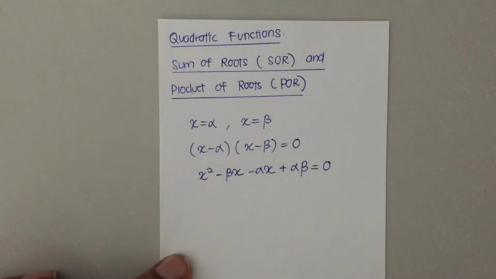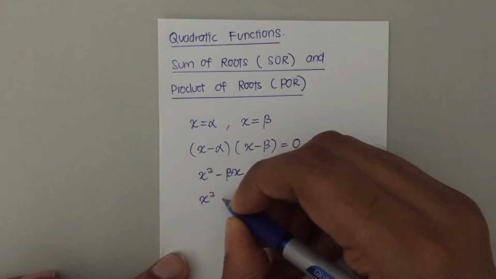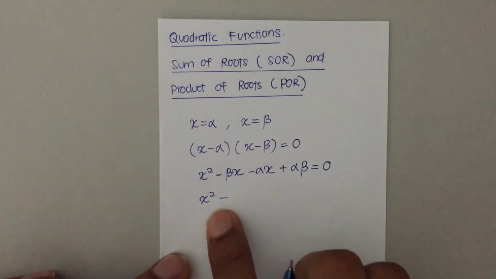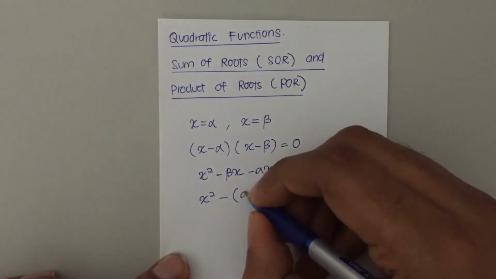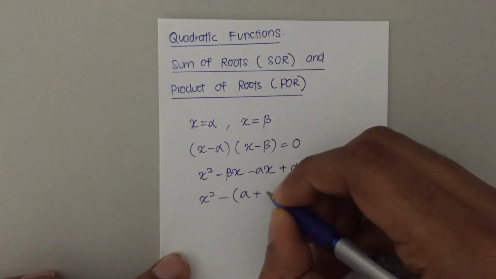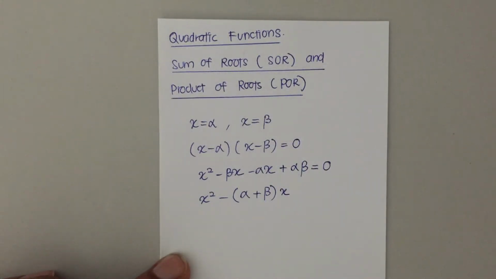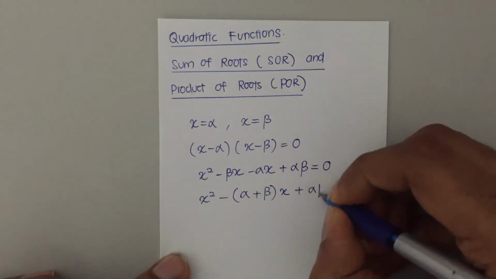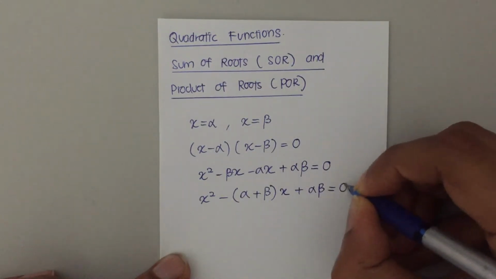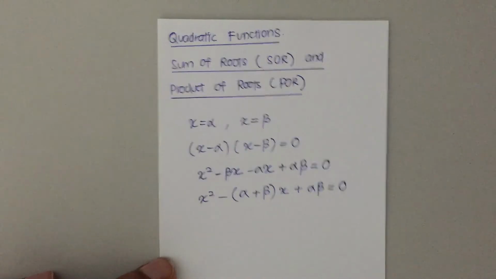When you factor out the negative, it will look like this: x square minus, in a bracket, alpha plus beta, times x, plus alpha beta equals 0. Guys, I hope you understand the explanation till now.